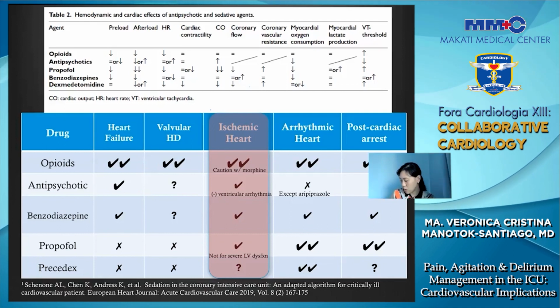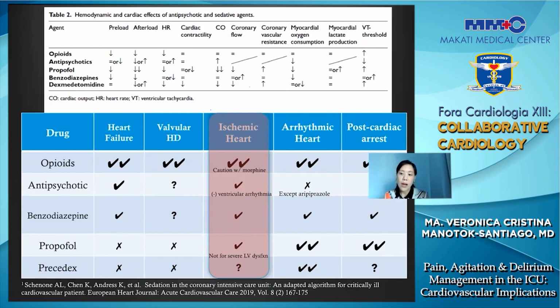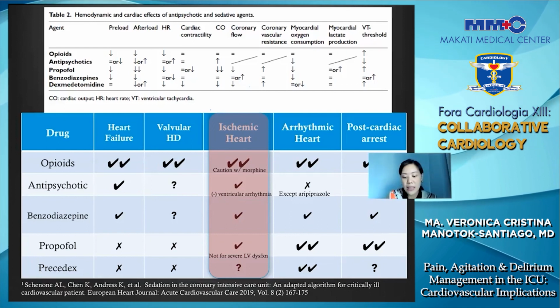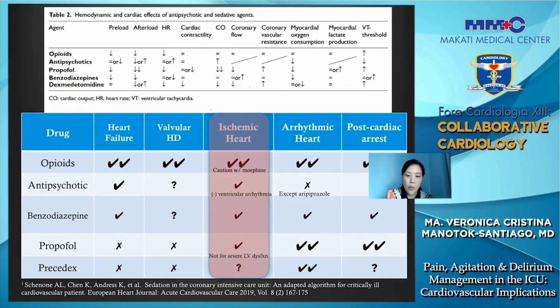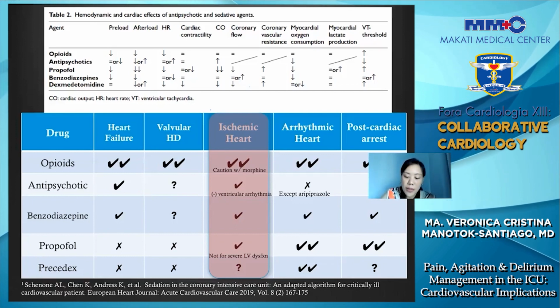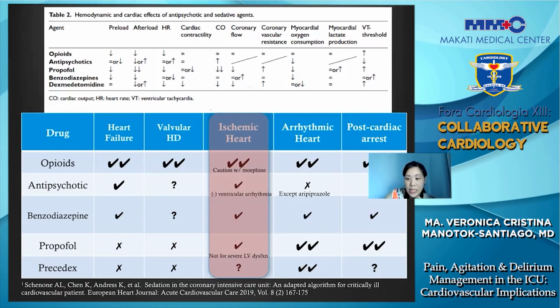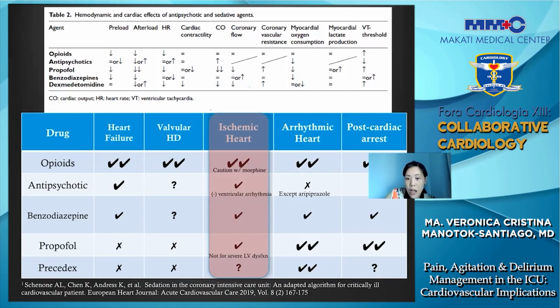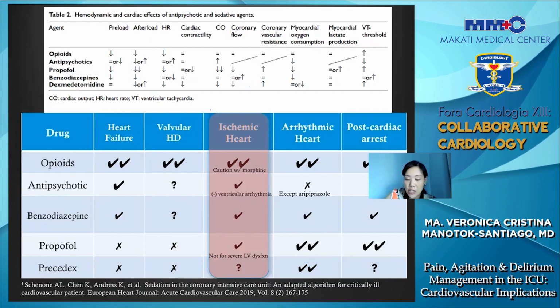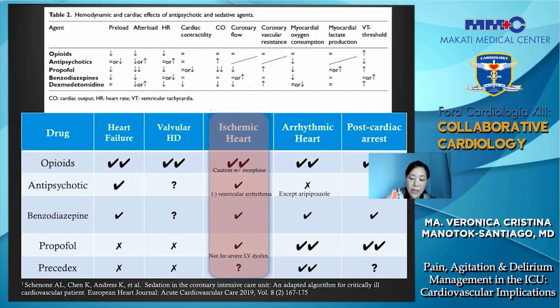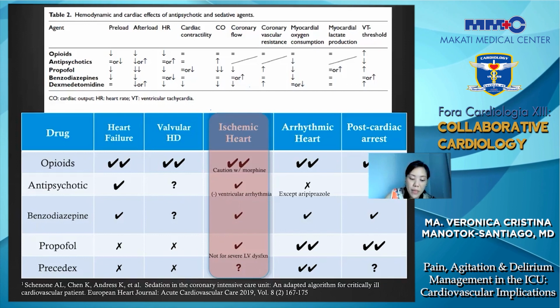With regards to Precedex use, there is positive data on its impact on the ischemic heart. So in summary, opiate use along with delirium management, if it is warranted, appear to still be the strategy of choice for the ischemic heart, but it is important to allow enough time for antiplatelet loading before opiate initiation to avoid any pharmacodynamic interaction.